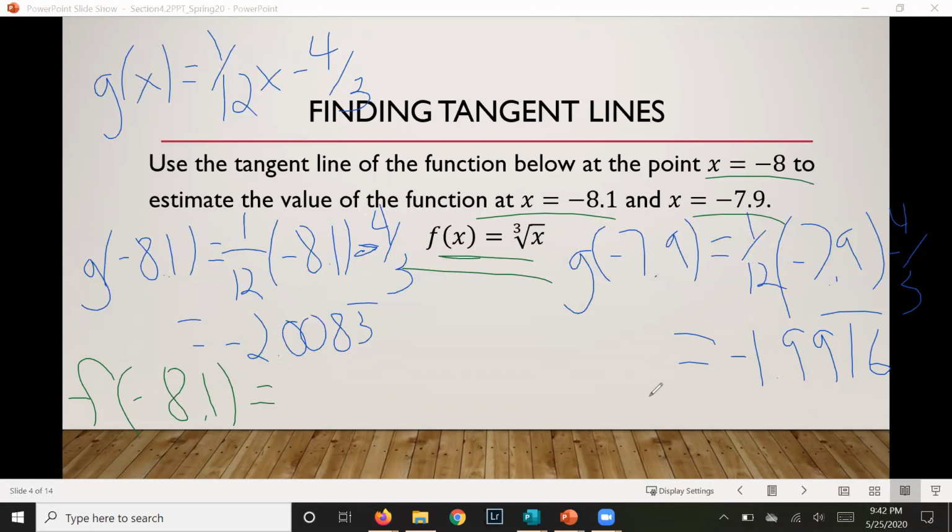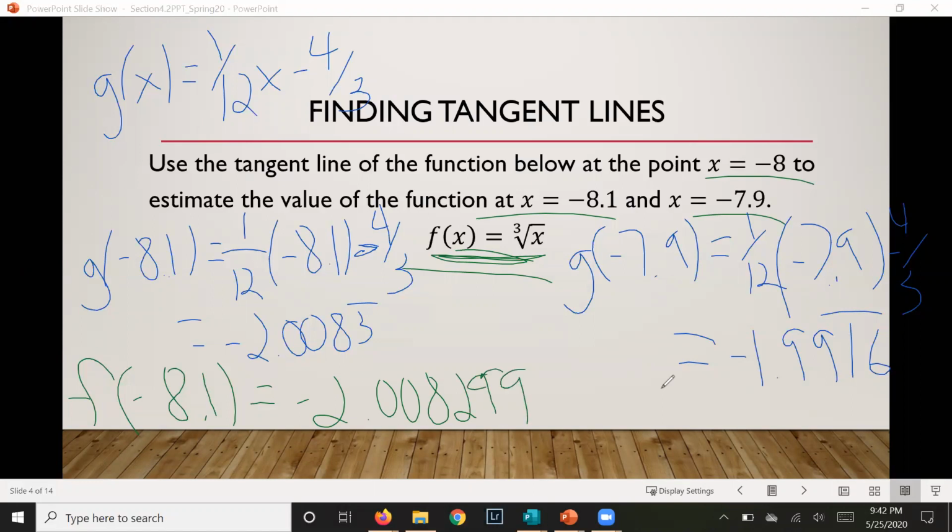So I'm going to plug it into my original function, which means I'm going to do the cube root of negative 8.1. If I plug that in my calculator, I get negative 2.008299.